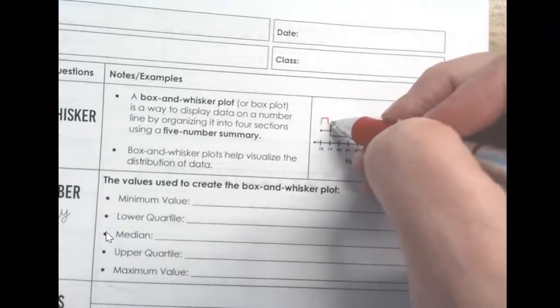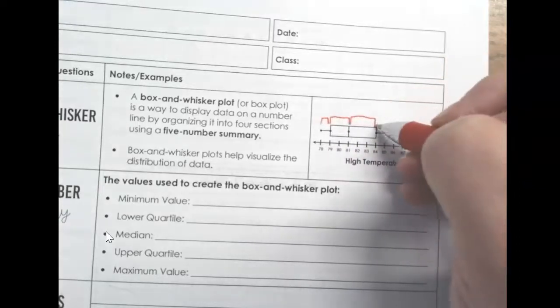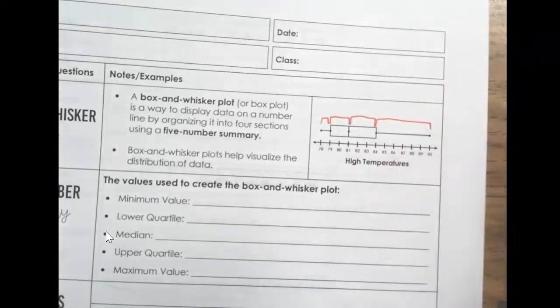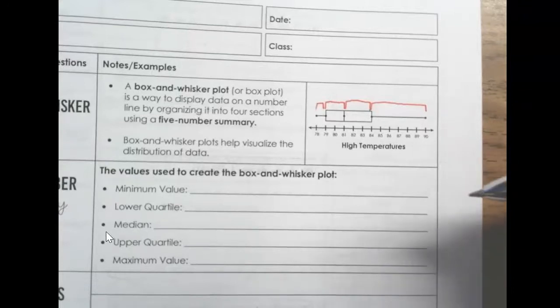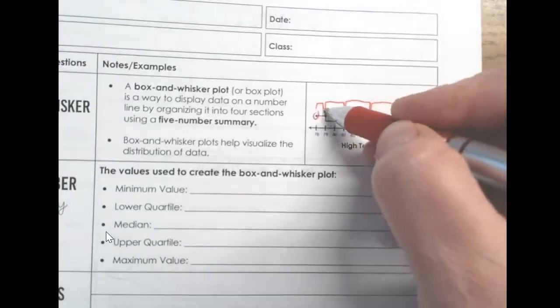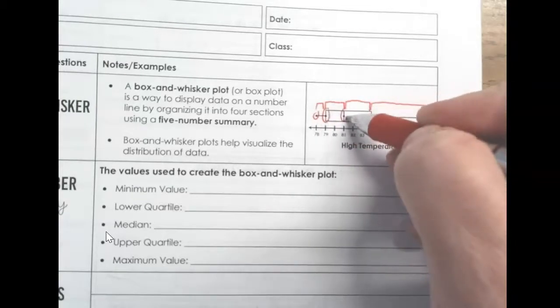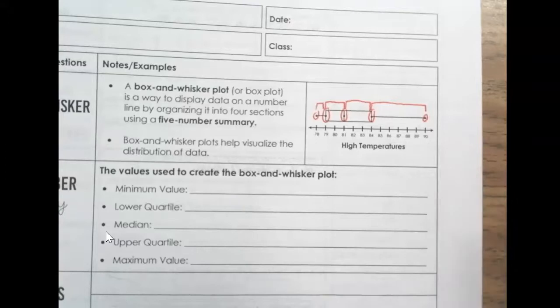We have 1, 2, 3, 4, okay? And those are called quartiles, and we will talk about those a little bit later in the notes. And the 5-number summary are these data values here that will help us construct this. Okay, so that kind of gives you an idea of where we're going with the notes.